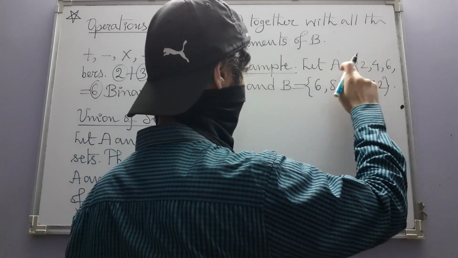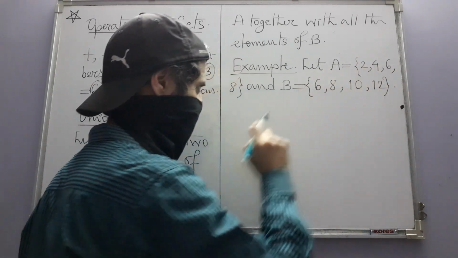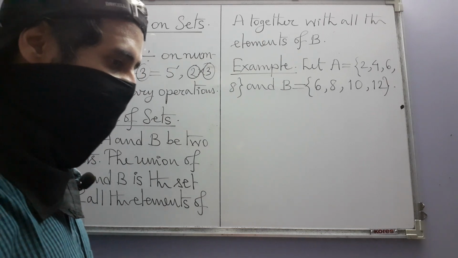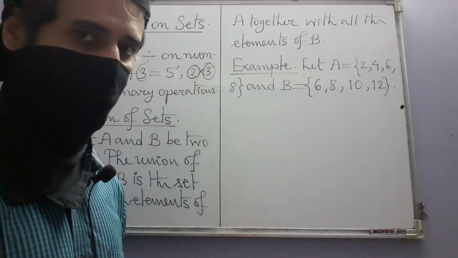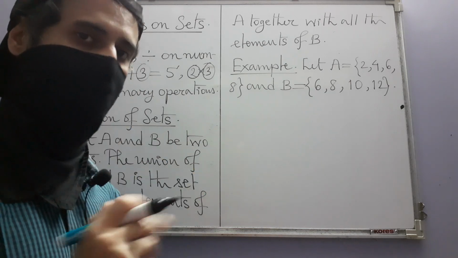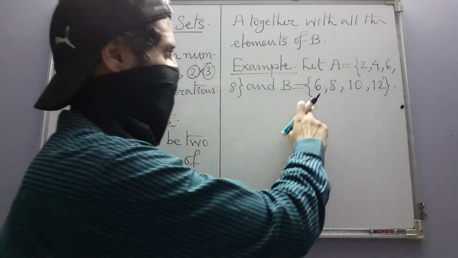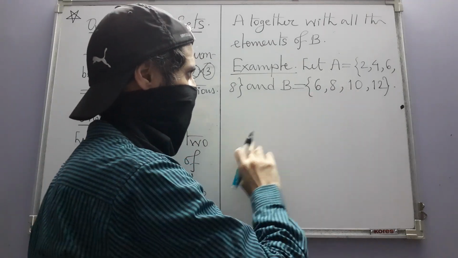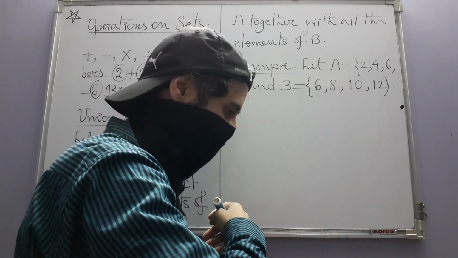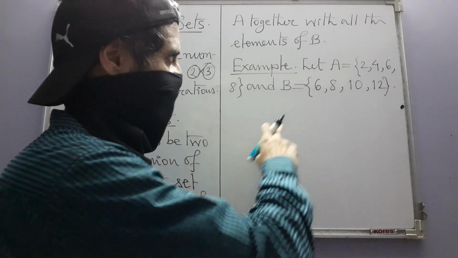For example, 6 is an element in A as well as in B. So when you mix them together, you should think that 2 6s come, but those 2 6s are counted as only 1, because actually there are not 2 6s, it's only that these numbers are scattered on the floor.